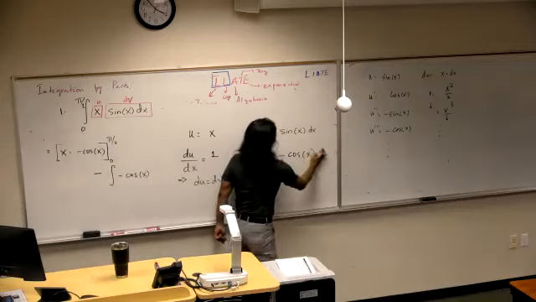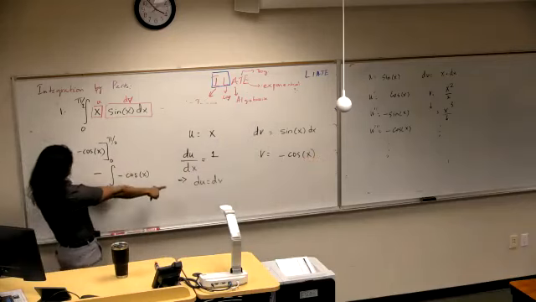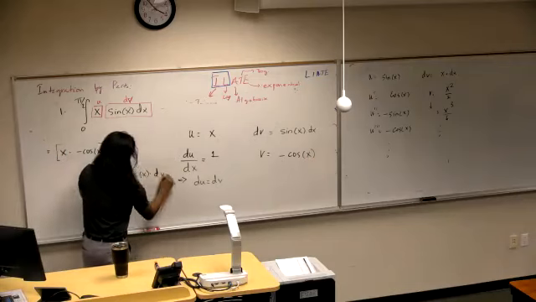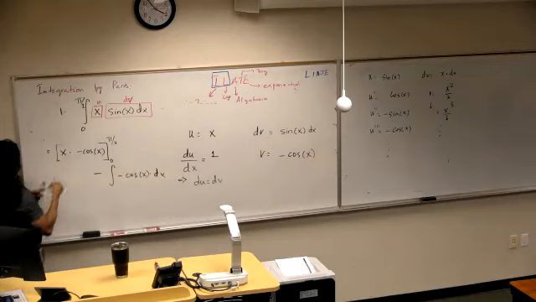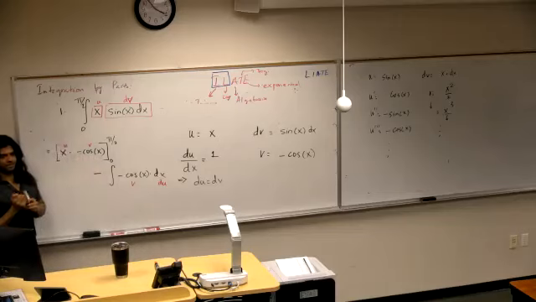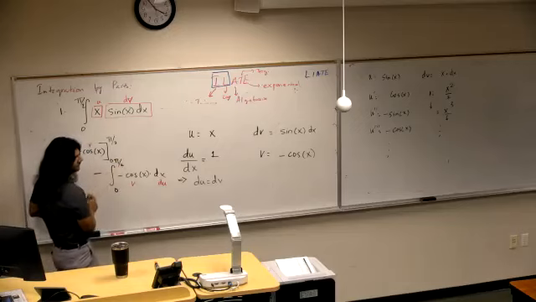Bad mark. dx should not be there. Integrating, dx should go away. dx is going to come from here. uv minus integral v du. Does that match up to the formula that I wrote? Good.